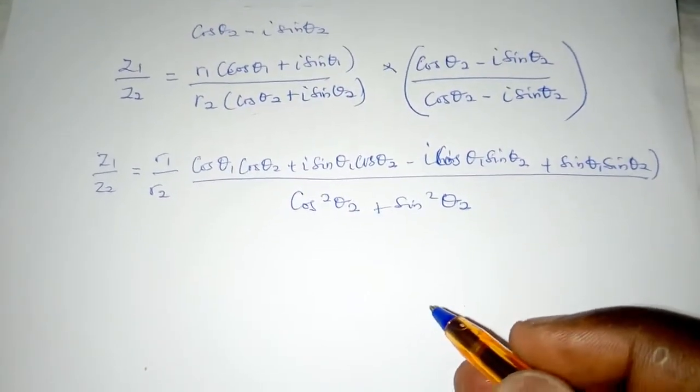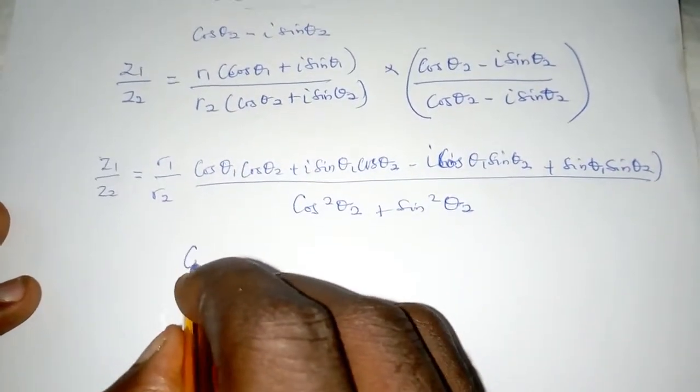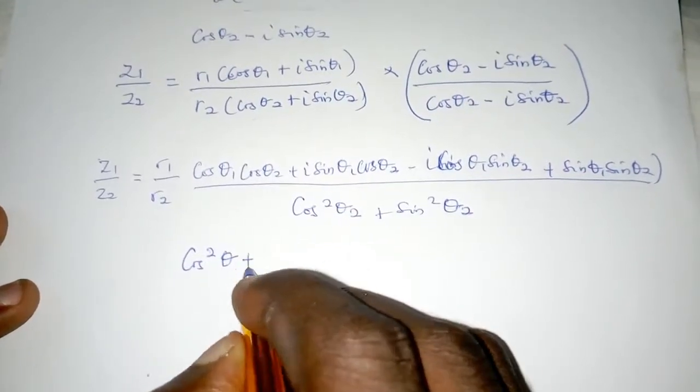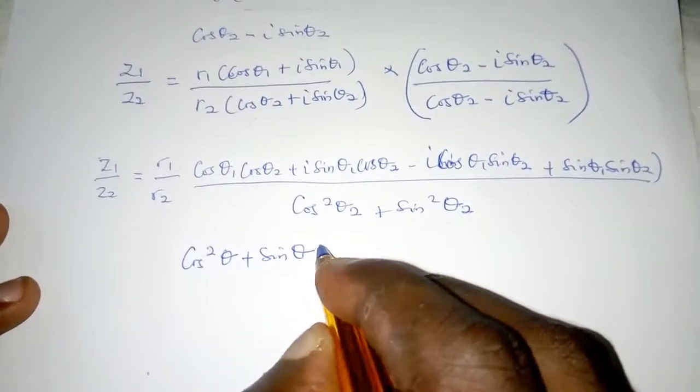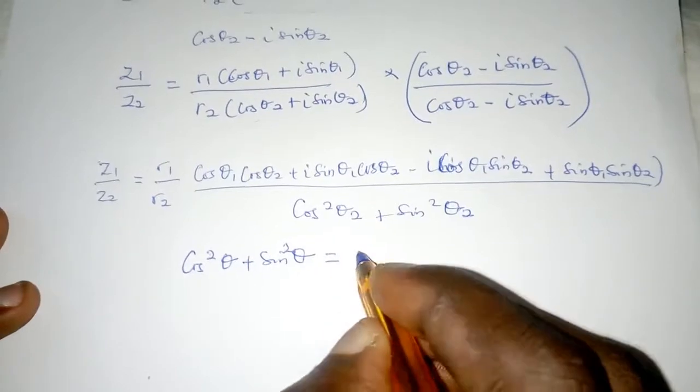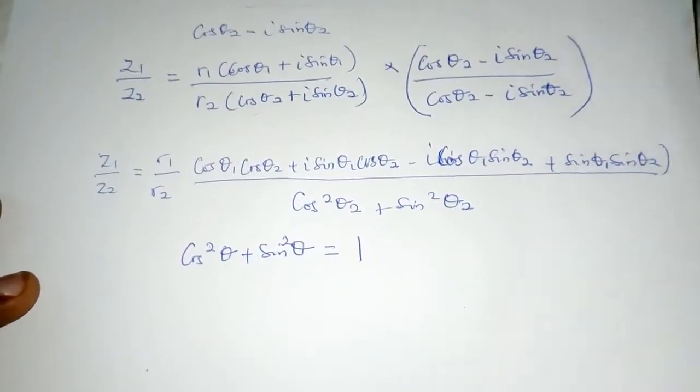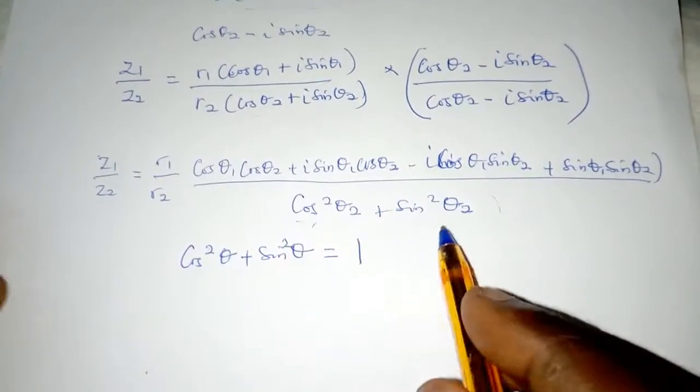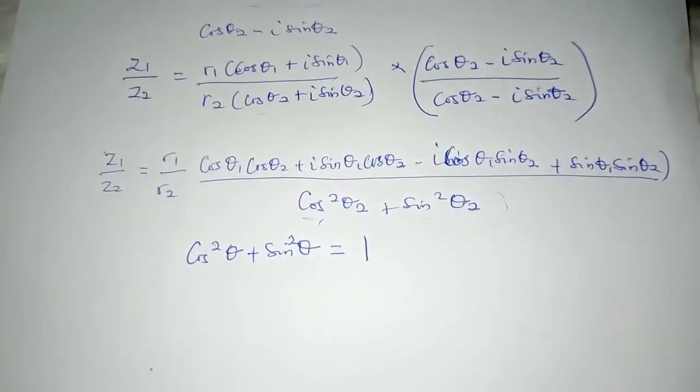Now we know from trigonometry that cos square theta plus sine square theta is equal to 1, and so we can say the denominator here is 1.